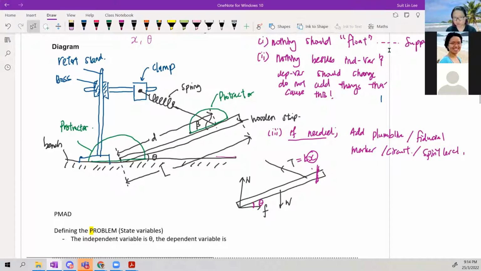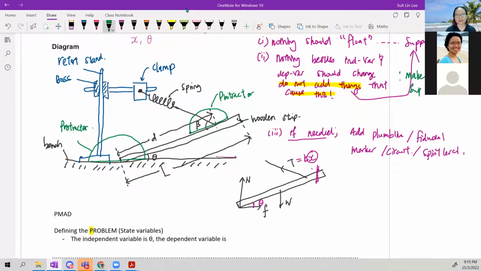So although nothing should float, nothing should also accidentally change the experiment, which is the second point. So don't add anything, even if it's support, that can cause the change. In other words, make sure your support doesn't disturb your experiment.